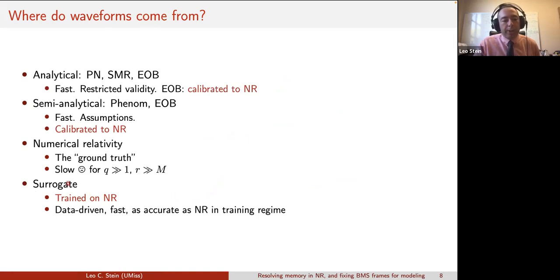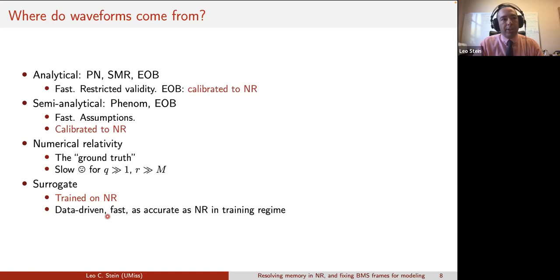Okay, so I think I already mentioned this. There's this final thing called surrogate models. Surrogate models are totally data-driven, so they do take some inputs that are inspired by our knowledge of how post-Newtonian works, the fact that we're trying to model two things going around, right? So to get the data to be as compressed as possible, you want to use those inputs, but then you don't try to shoehorn the waveforms into any particular form.